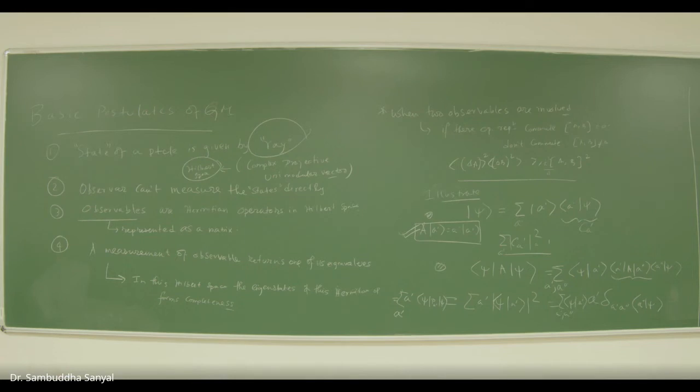Roshan Anil, can you tell me why this is <a'|psi>, P_a'? Roshan Anil, are you around? Are you there? At least you can say yes or no. Then the next question is whether you answer this or not, which I am not even expecting right now. But are you present or not? Okay. So out of 26, how many are actually there? Somebody else?